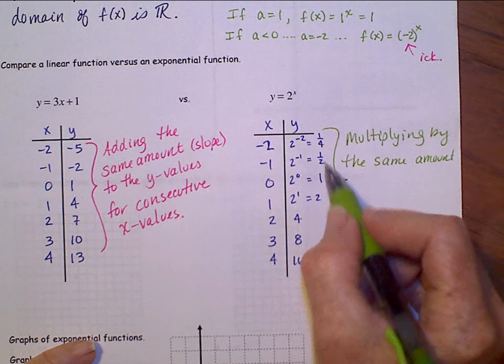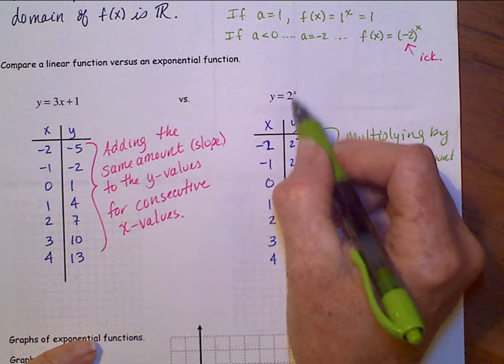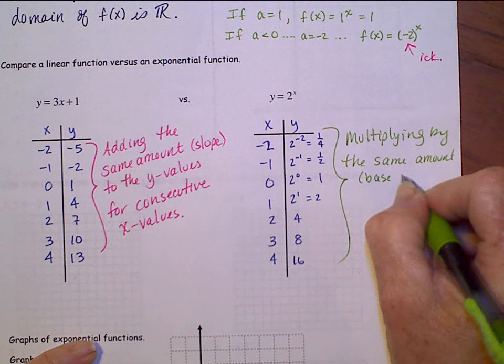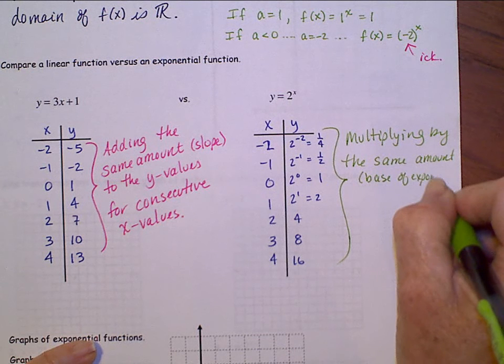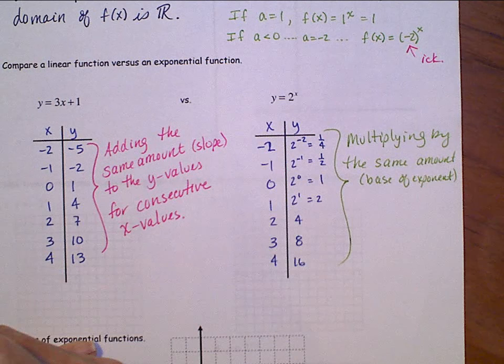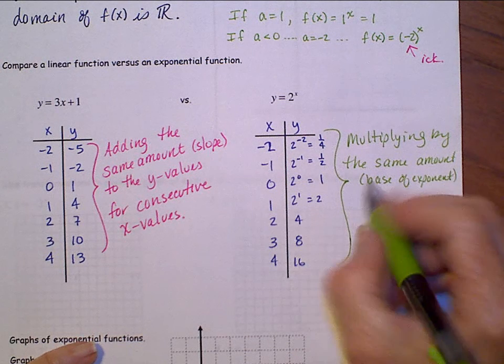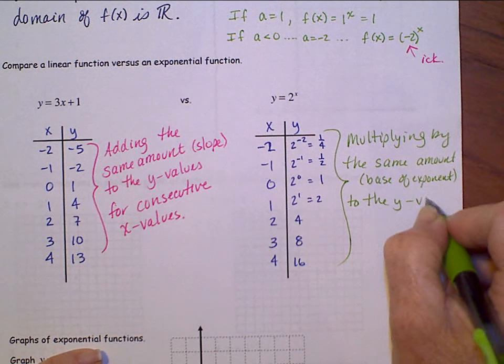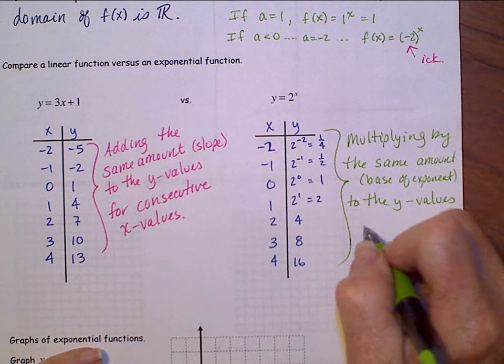Times by 2, that was the base of that exponent. Okay, so we're multiplying by the same amount to the y values for consecutive x values.